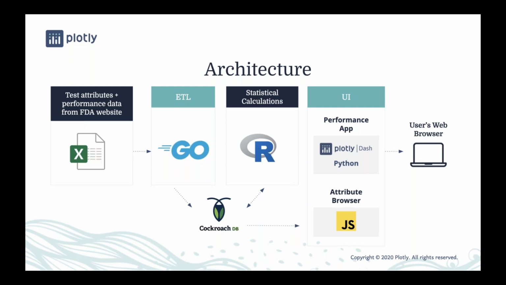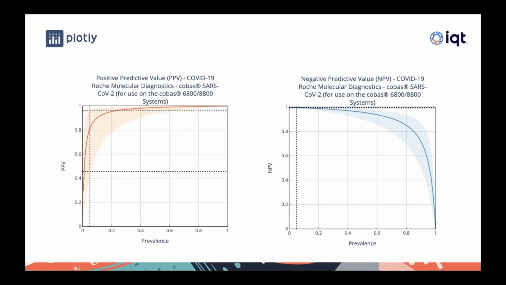Those are then plotted in the Plotly portion of this application. And that first part, the attribute browser, is done in JavaScript, where they're both linked together and served up, and you can view them in a web browser. For future development, we're planning on merging both sides of this application into a single Dash app, but this is still very much in development.